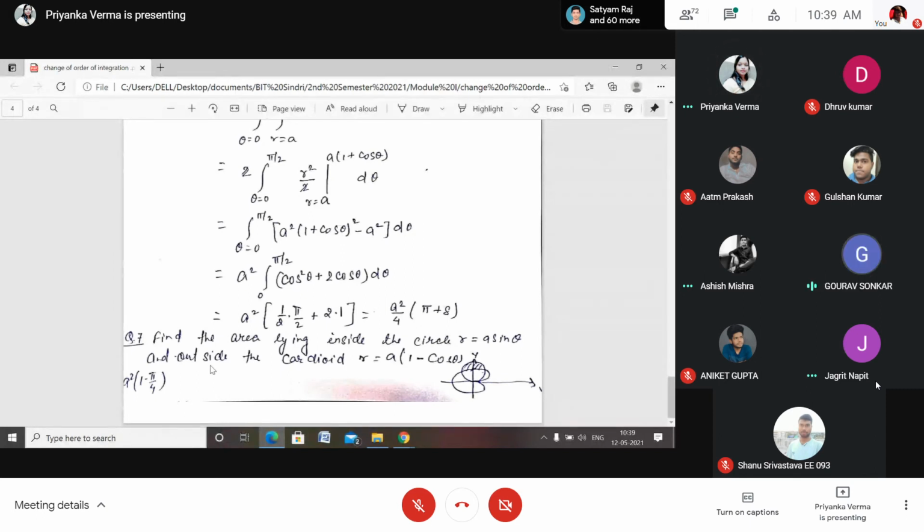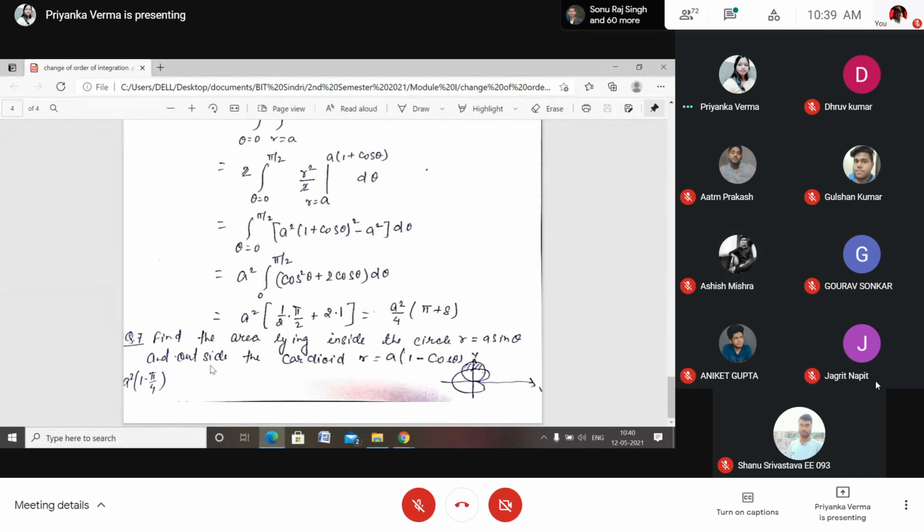The center will be 0, a, and the radius a by 2.